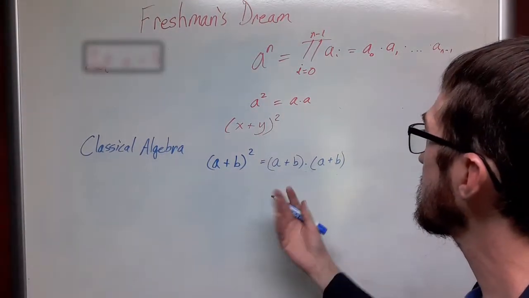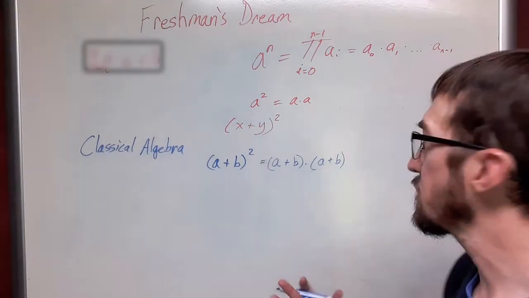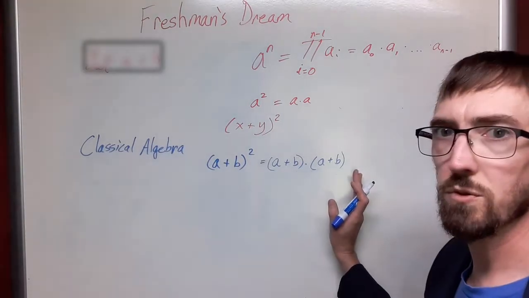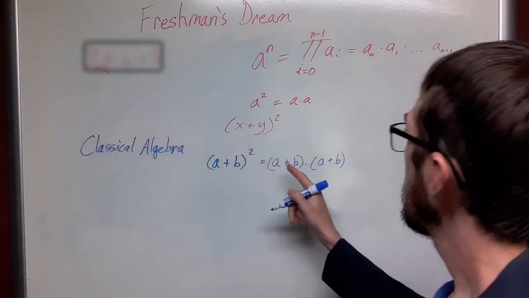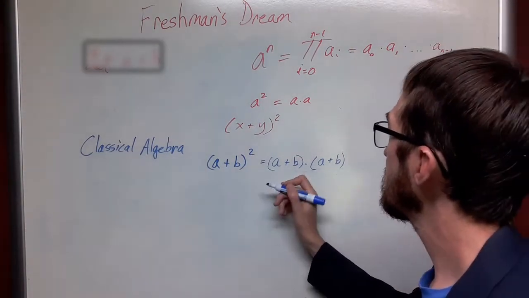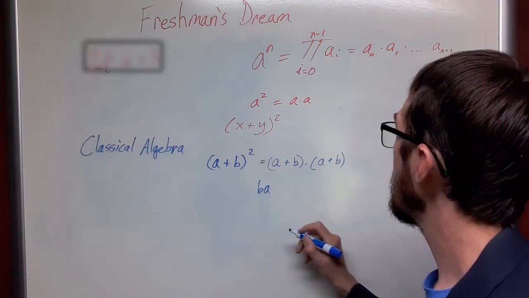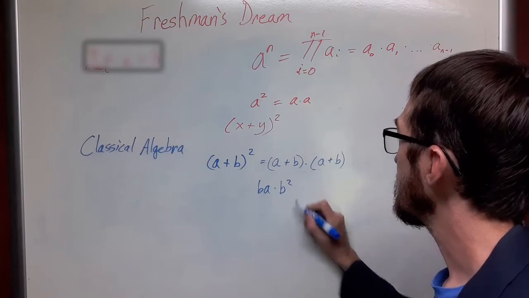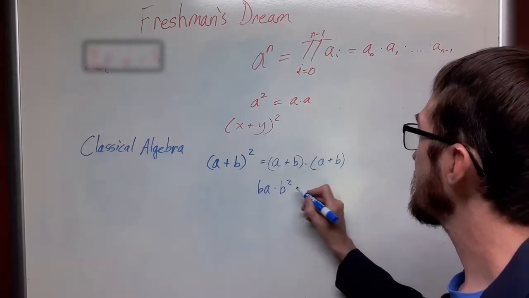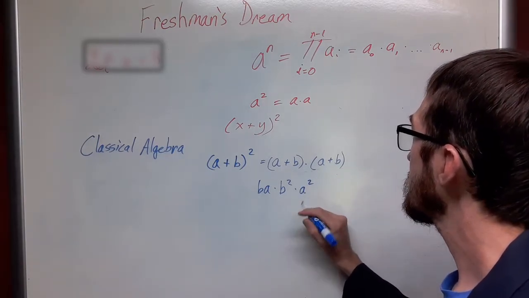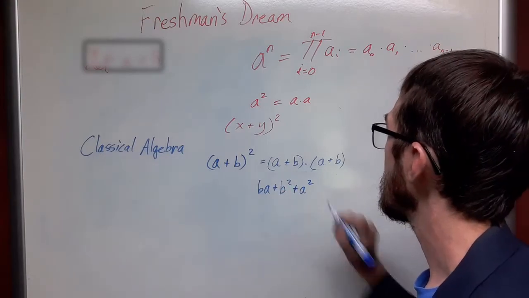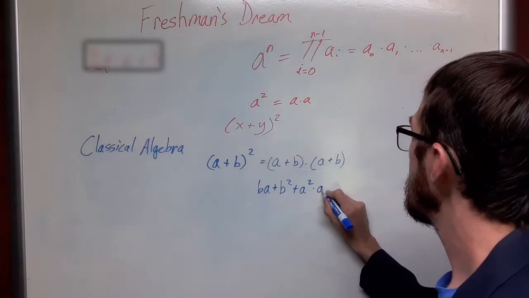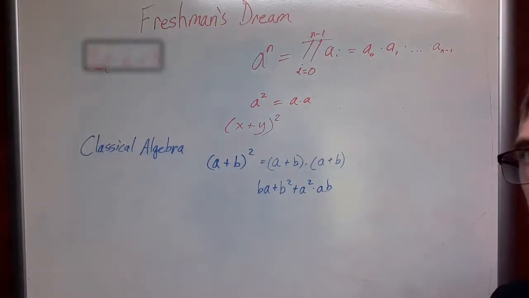When we do this, this is a matter of a double distribution. We're going to distribute the b over this first, and then we're going to distribute the a over this next. So b times a is ba, b times b is b squared, a times a is a squared. These need to be added in here. And then a times b is ab.